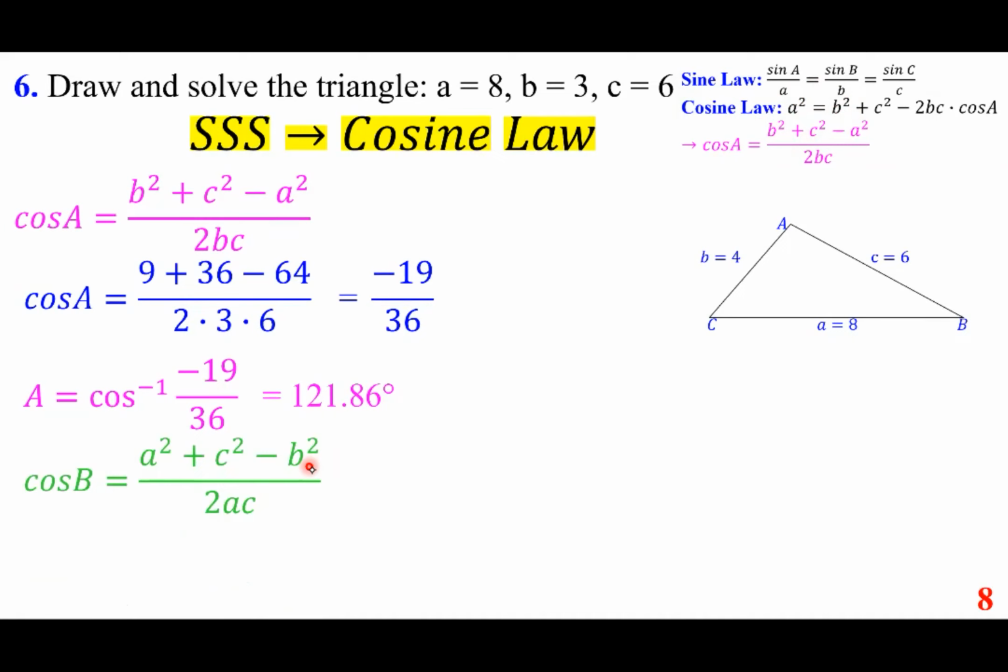We're going to plug in. A squared is 64. C squared is 36 minus b squared is 9. The denominator is 2 times 8 times 6. So we get 91 over 96.